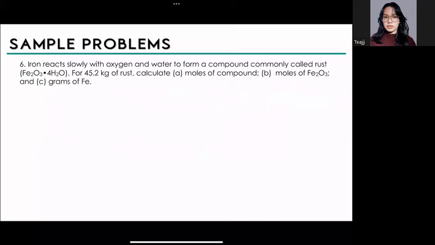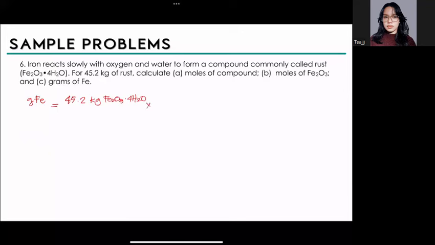In letter C, the grams of Fe is what we are looking for. We still start with 45.2 kilograms of Fe2O3 4H2O. Now, all you have to do is convert that kilograms of Fe2O3 4H2O into grams of Fe.